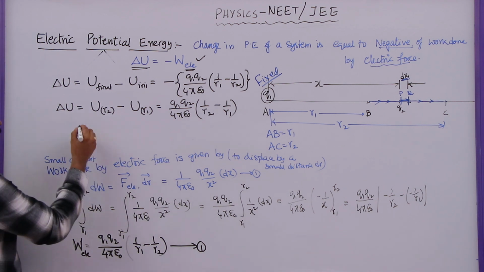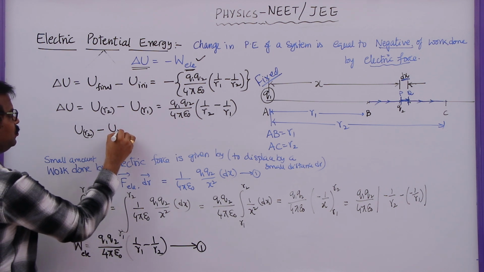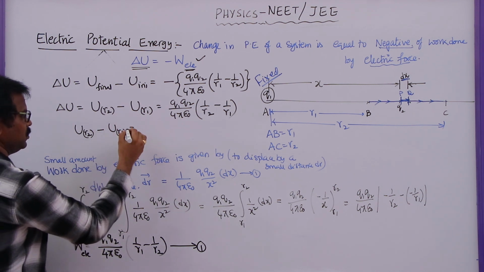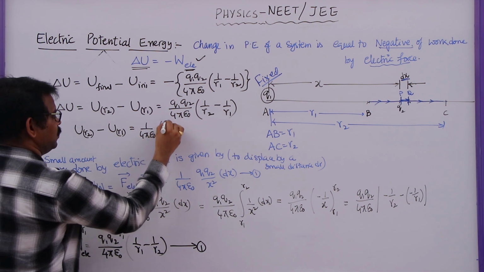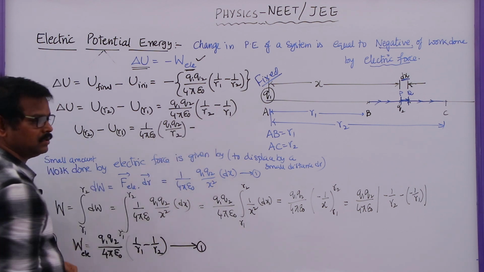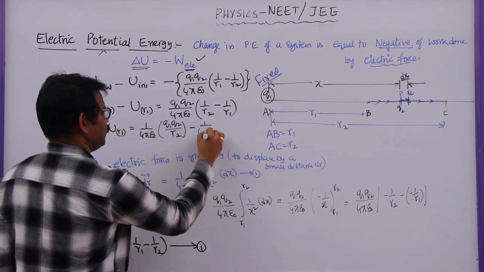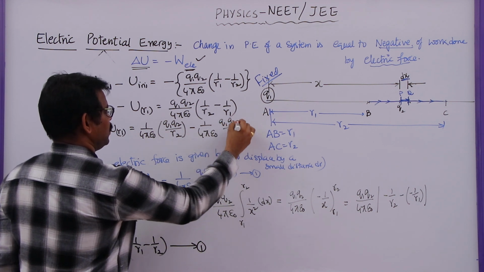If you compare these two, UR2, the final potential energy, minus UR1, the initial potential energy, is given by 1 by 4 pi epsilon naught Q1 Q2 by R2 minus 1 by 4 pi epsilon naught Q1 Q2 by R1.